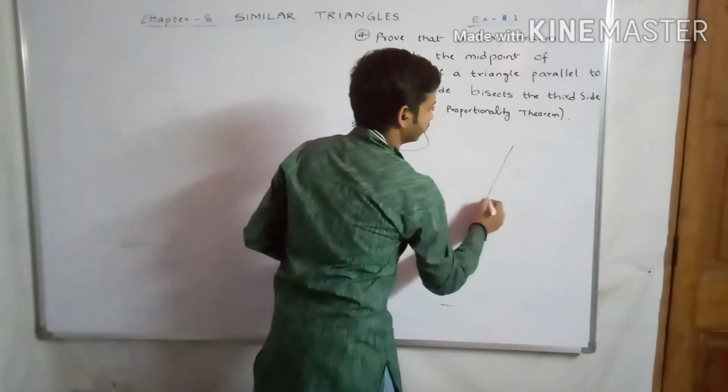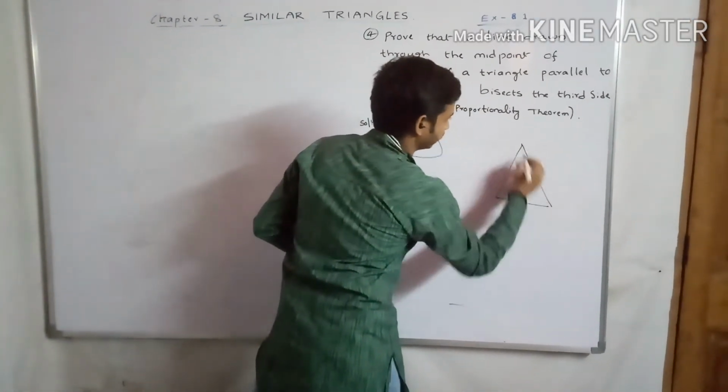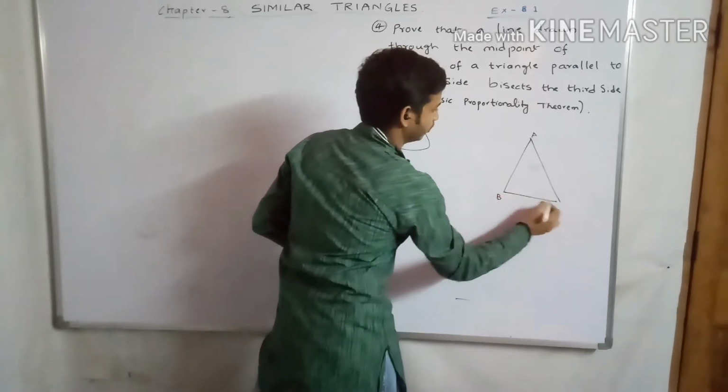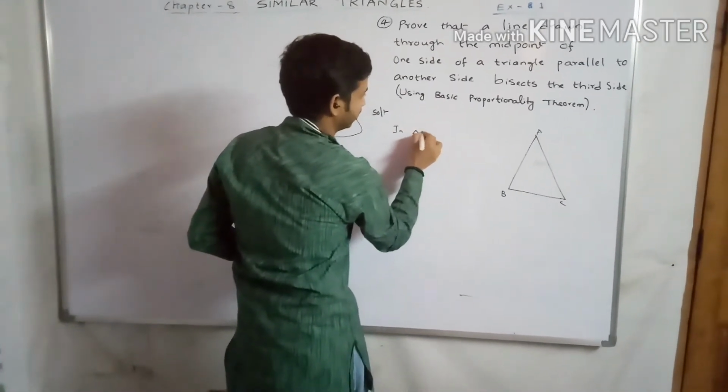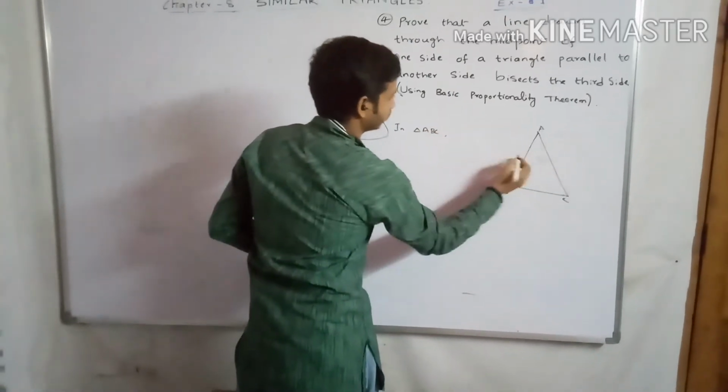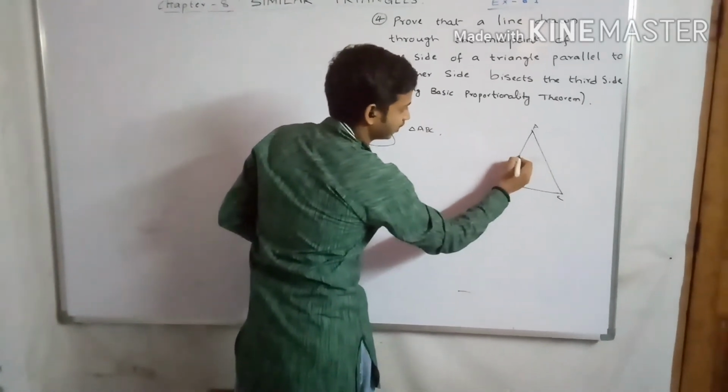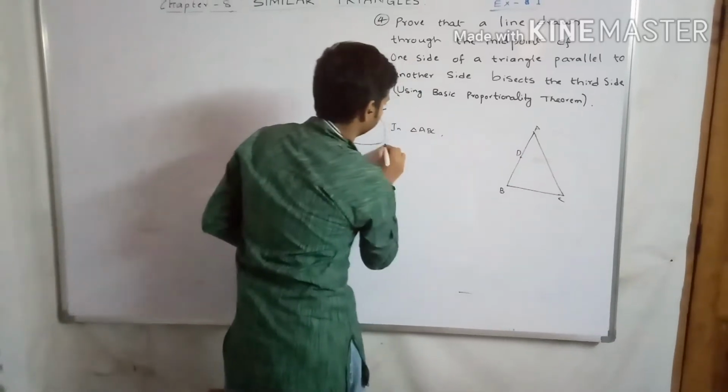So consider a triangle ABC. In triangle ABC, consider AB as one side and D is the midpoint of AB.